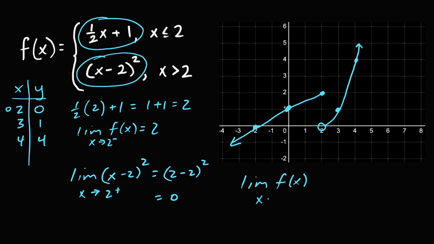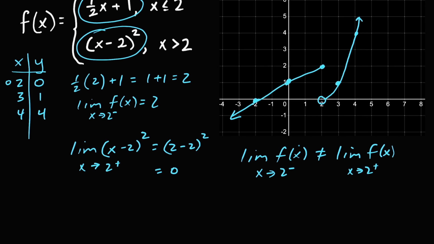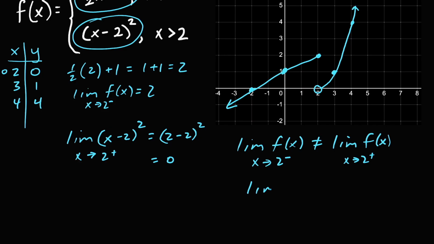The limit of our function as x approaches 2 from the left does not equal the limit as x approaches 2 from the right, which means that the limit as x approaches 2 for our function does not exist. DNE, does not exist.